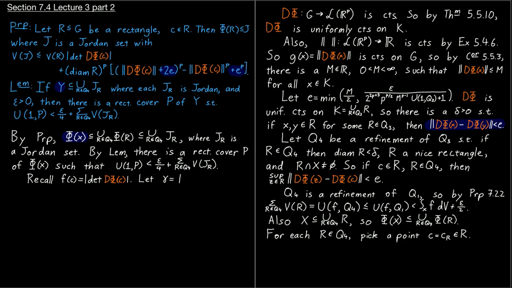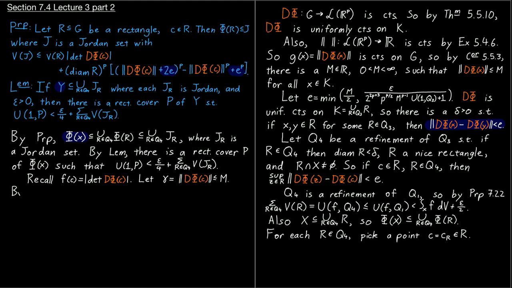Let's let gamma be the norm of d phi of C. And since C is in a rectangle, that's less than or equal to the biggest this norm gets anywhere in K. So this is less than or equal to our constant M that we found before.